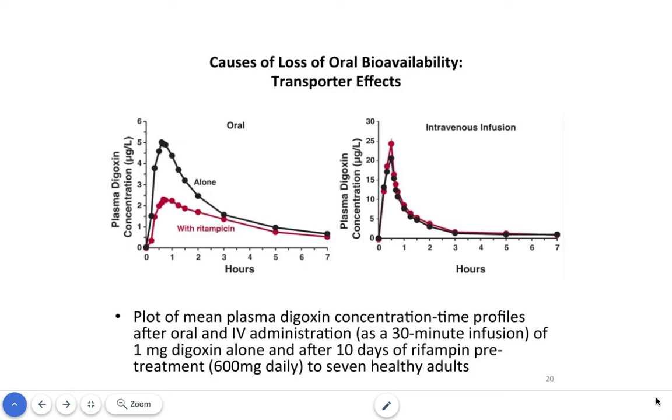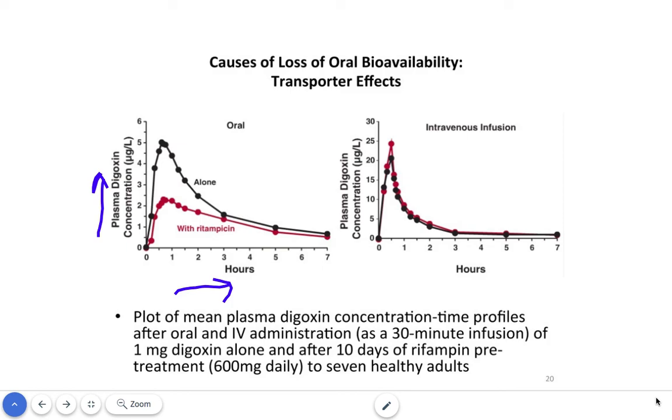Mean digoxin concentration is shown on the y-axis, and the time in hours after the dose is administered, over the period during which samples were obtained and analyzed for the drug, is shown on the x-axis.